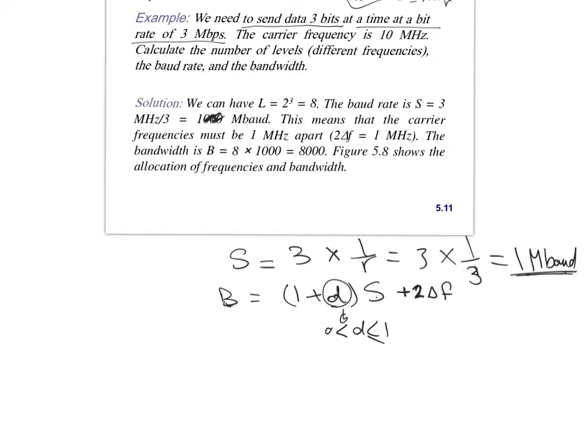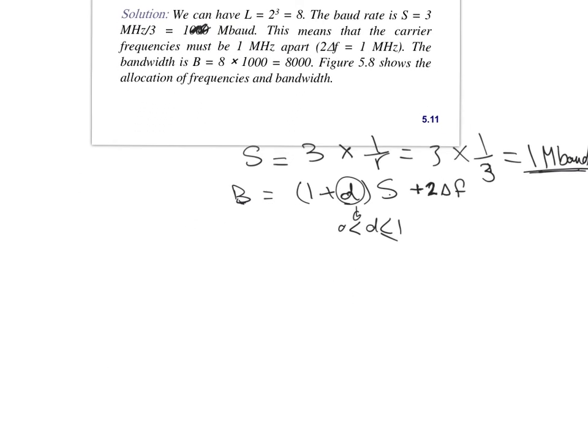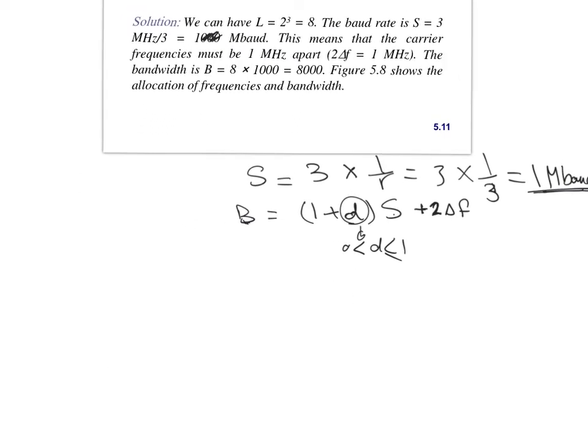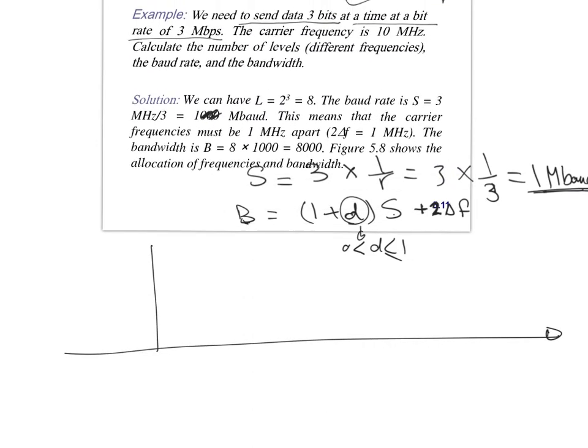Let's draw the frequency domain of this. In the example here, the carrier frequency is 10 megahertz, and the number of levels is 8, because we need to represent 3 bits at a time.